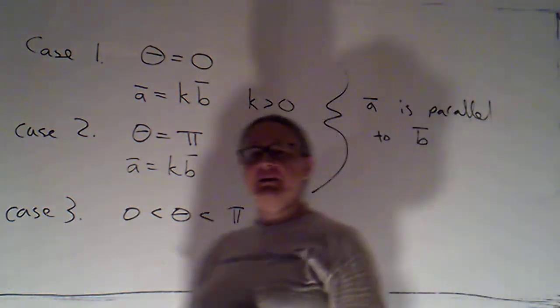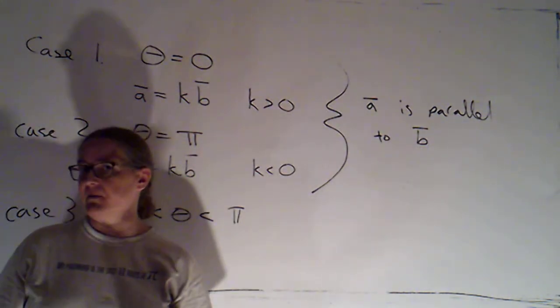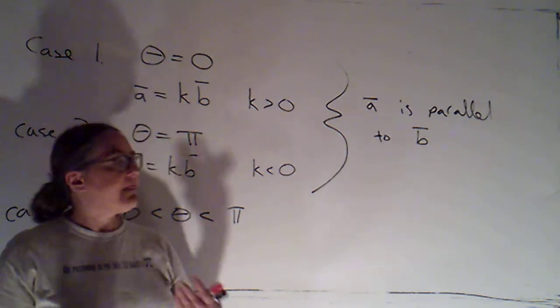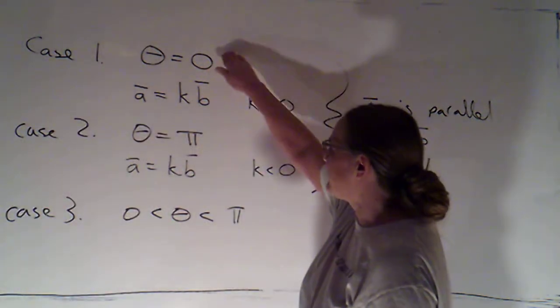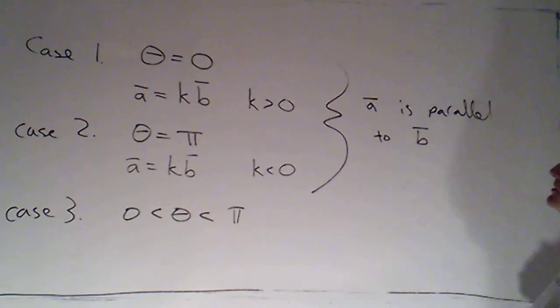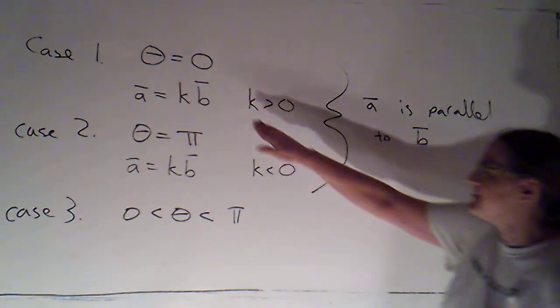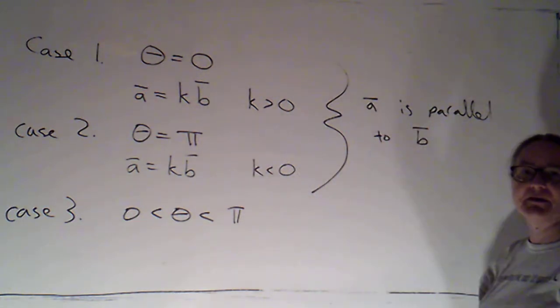I don't think we've formally defined it. We say that 2 vectors are parallel if the lines determined by them would be parallel. That means they point in either the same or the opposite direction, so the angle between them is either 0 or pi. Basically, it amounts to 2 non-zero vectors are parallel if one is a multiple of the other. And if it's a positive multiple, they're going to have the same direction. If it's a negative multiple, they'll have opposite directions.